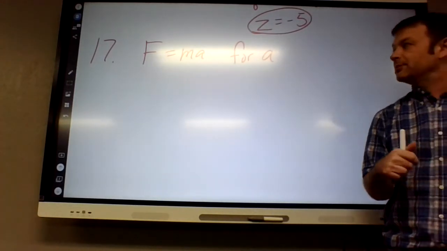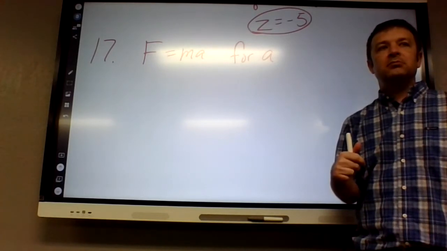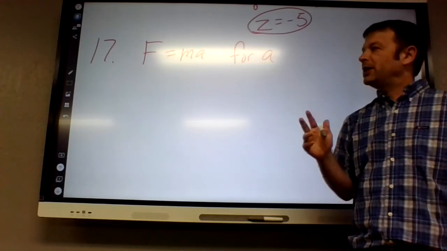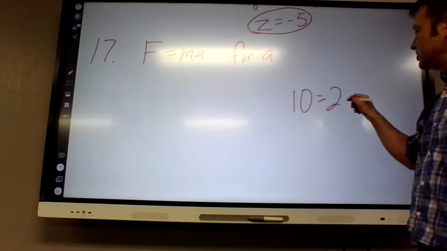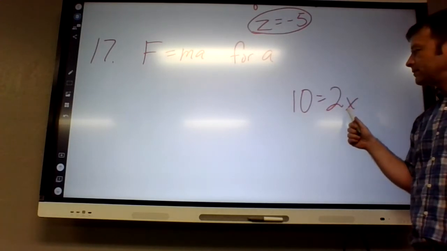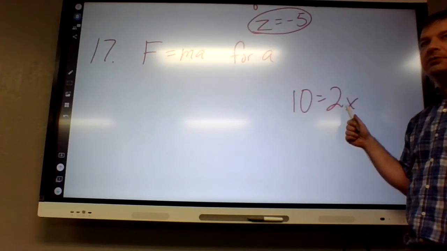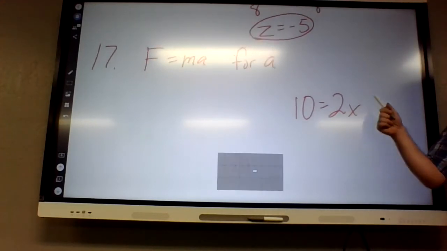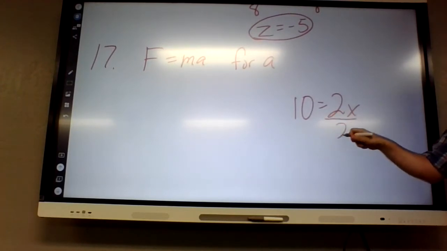Katie? No. We're just trying to get a by itself. So it's kind of like if I have 10 equals 2x, how do I solve this for x? Divide by 2, right?